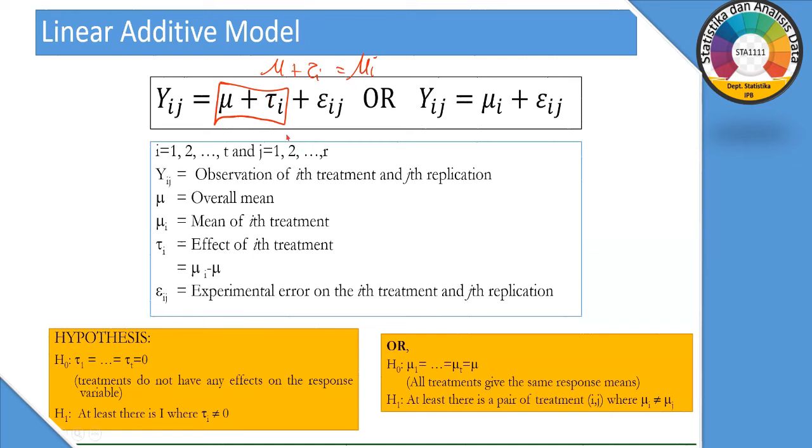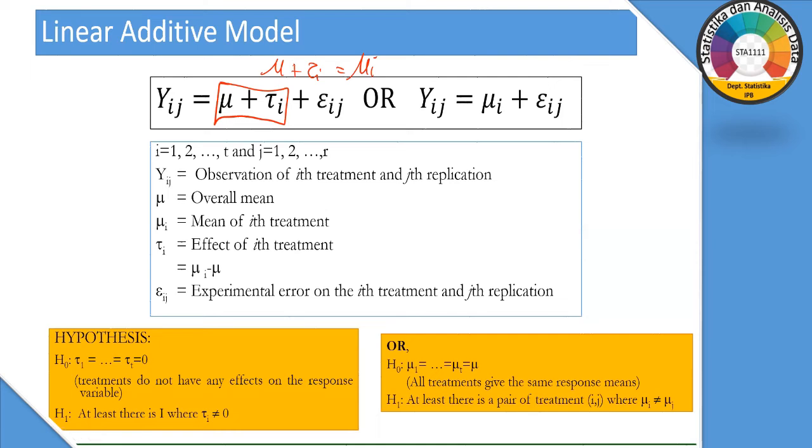Whether you apply a dose of 5 or dose of 15 or dose of 10 will give you the same result. That is the null hypothesis. Of course, you expect to reject the null hypothesis because you expect that the dose has different effect, right? The dose of 5 or 10 or 15 will have a different effect. That is the alternative hypothesis. But in the null hypothesis, we assume that all give the same response mean, right? So that is in the linear model.